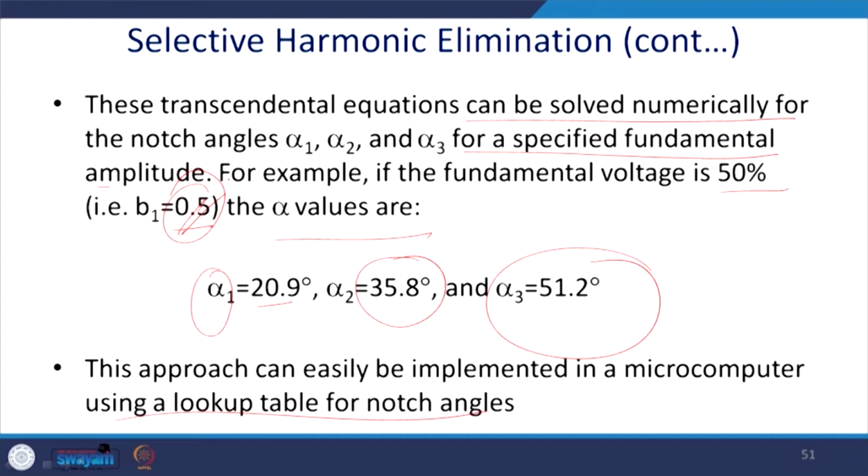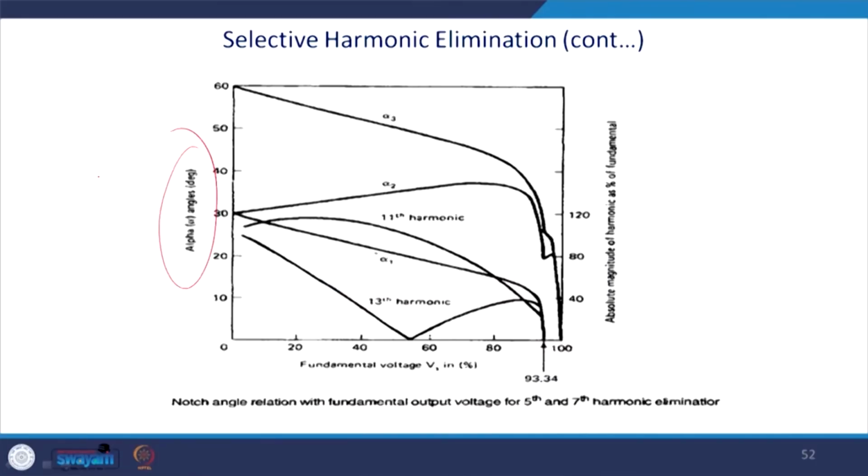We generally want to maximize this value. You can see that this is a representation of the triggering angle alpha and the fundamental value of alpha. So, generally what happens, for alpha 1 you gradually increase alpha 1 and try to reduce it.